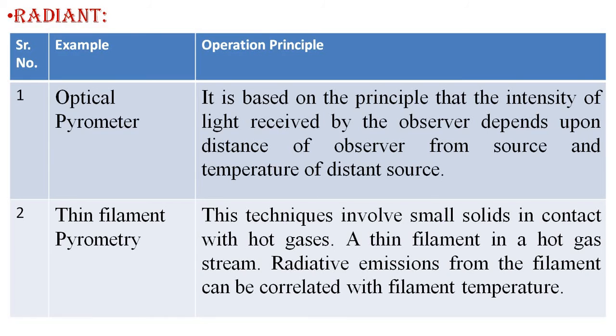First is the optical pyrometer and second is the thin filament pyrometer. The optical pyrometer measures heat radiation, while the thin filament pyrometer measures hot gas radiation. The optical pyrometer works on the principle that the intensity of light received by the observer depends upon the distance of the observer from the source and the temperature of the distant source.